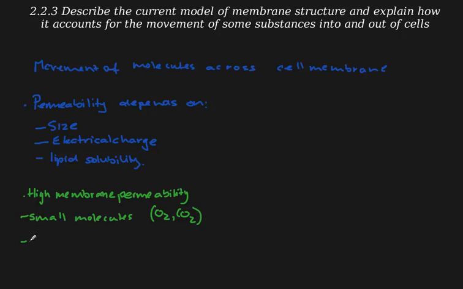And lipid-soluble molecules. So these include, obviously, lipids themselves, urea, and alcohol can also move very, very well across. So alcohol is soluble in both water and lipids in varying amounts.